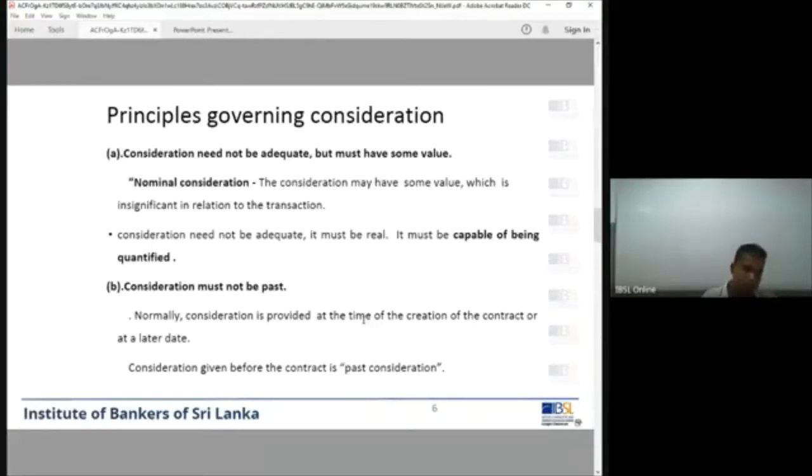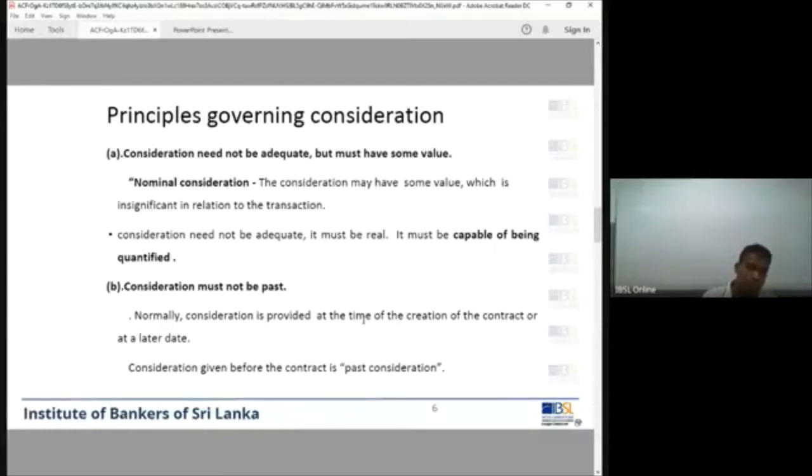Both parties have to contribute to the contract. So if one party is putting a 10 million property into the contract, the other party has to pay 10 million or something close to it. You just can't put 1 rupee and purchase a land. Most of the time, this kind of transaction happens when they want to avoid stamp duty and government taxes.